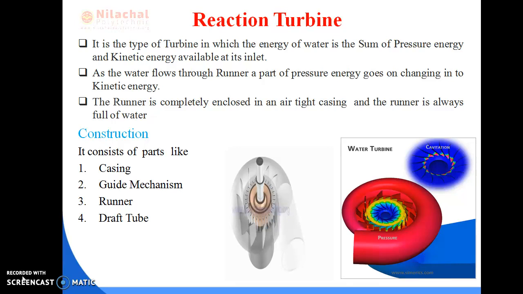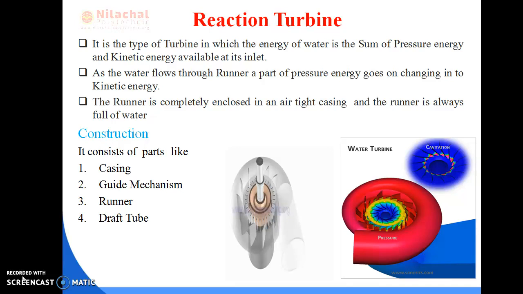This energy of water enters through the casing and some part of the pressure energy of water is changed into kinetic energy, and thereby you are getting the mechanical power at the output of the runner. The kinetic energy of water is moving the blades of the runner, and thereby mechanical power is produced.